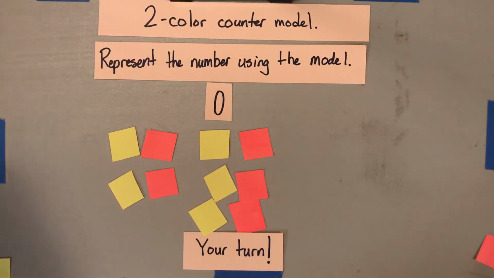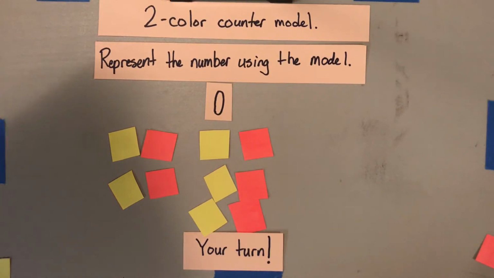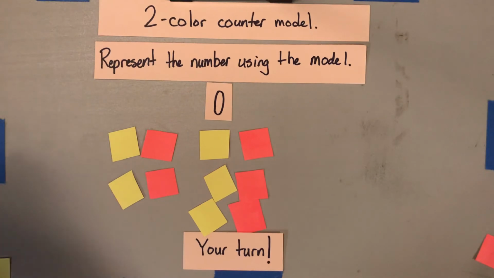You'll see some problems with addition, and some problems with subtraction using both positive and negative numbers. I'd like for you to take about 5 minutes to practice representing those with your two color counters. I think it's really interesting because I haven't showed you how to do that. So do your best to represent those problems and just show us what you got. No worries, just do your best. And we'll see you tomorrow.